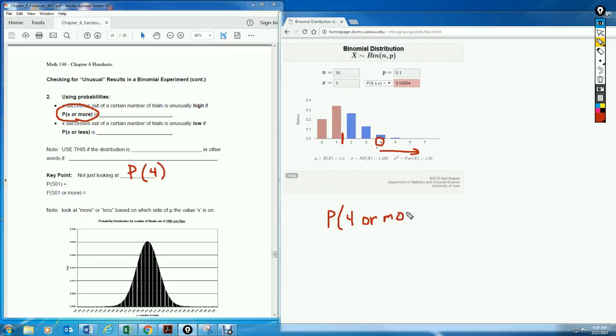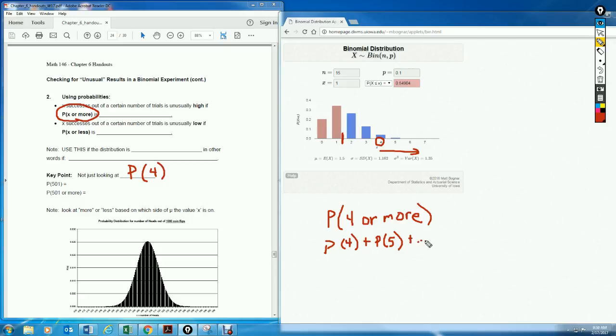We could go back to table 3 and add up P4 plus P5 plus all the way on up to 15, although a lot of those are 0.